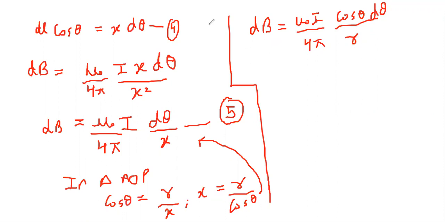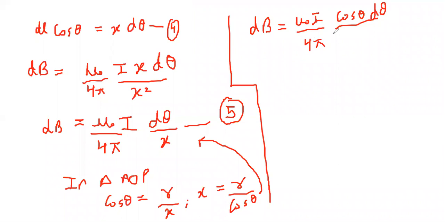So we have certain cases before doing integration. The first case is if the conductor is finite, the length is finite. Or before starting the cases, you can simply put the limits. If you integrate this, we know integration of cos theta is sine theta, and theta would be ranging from theta 1 to theta 2.